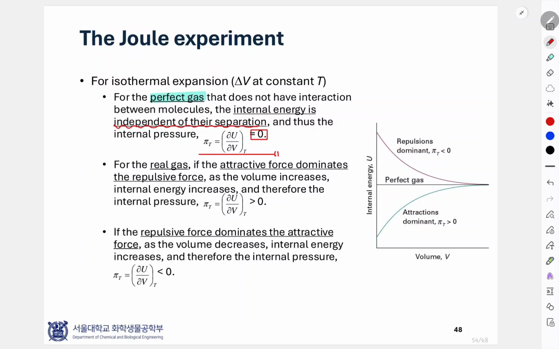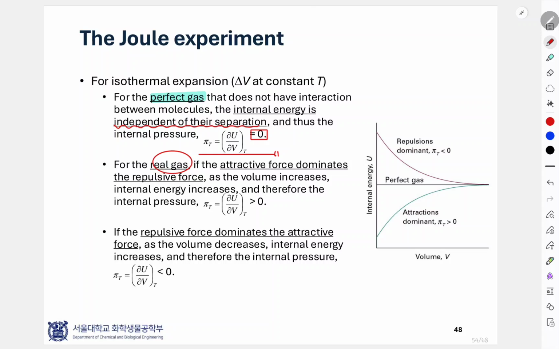But in a real gas, molecular interaction becomes more important. For example, if attractive interaction dominates, when the volume increases, the average separation of the molecules increases, and the favorable interactions are weakened.